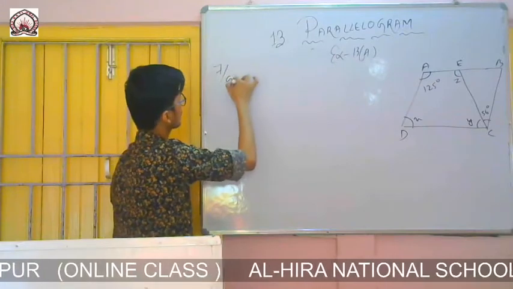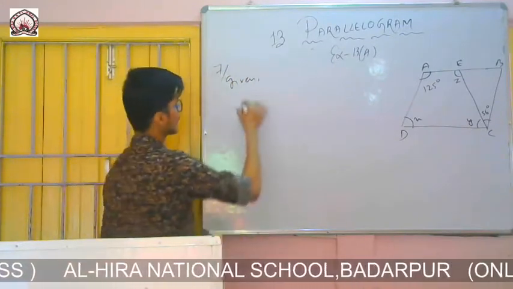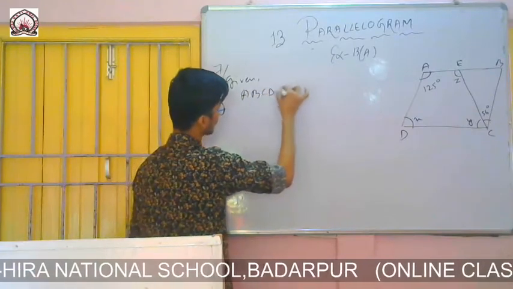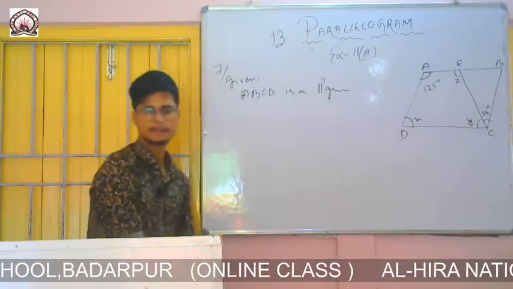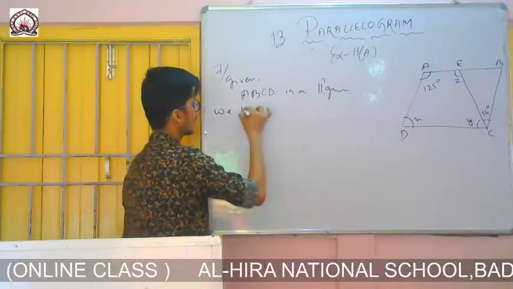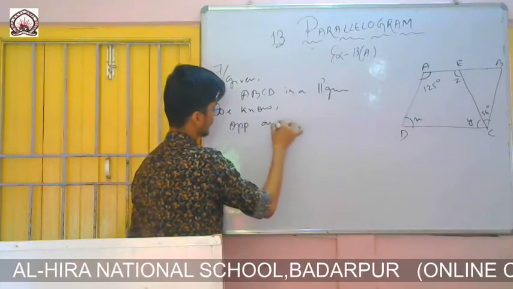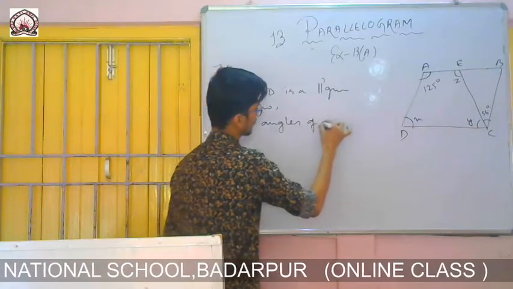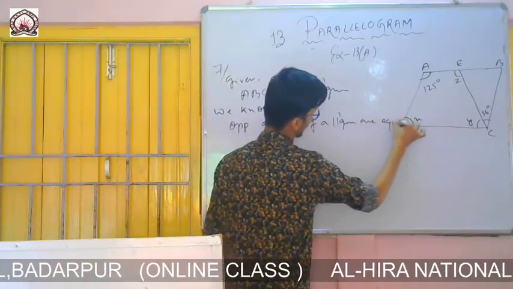Question number 7 given: ABCD is a parallelogram. So we know opposite angles of a parallelogram are equal.